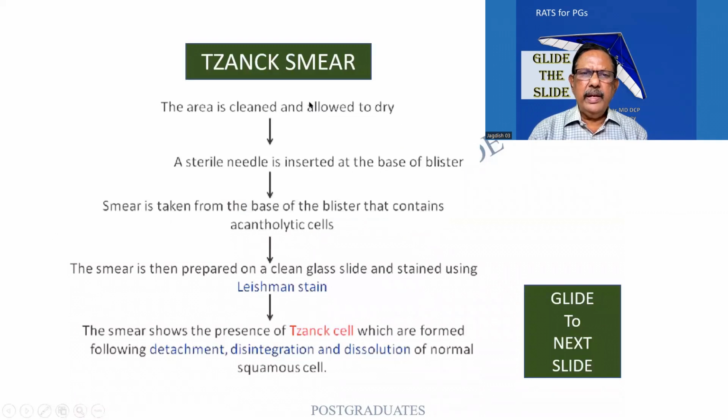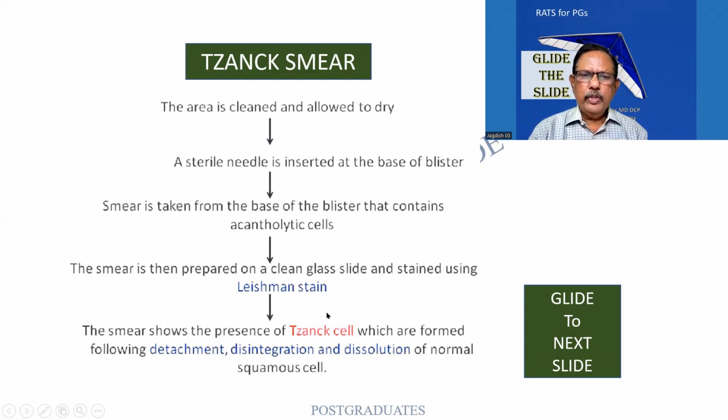Look at this. The area is cleaned and allowed to dry. A needle is inserted at the base of the blister. The smear is taken at the base of the blister that contains the acantholytic cells. And the smear is taken just like your peripheral blood smear or the bone marrow, and a Leishman stain or a Giemsa stain is done.